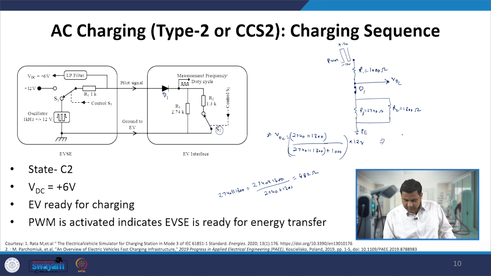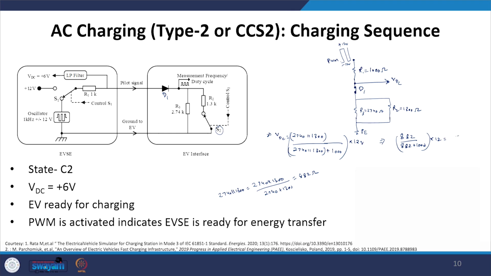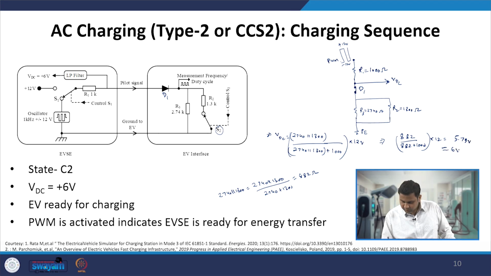So this is 882 divided by 882 plus 1000, into 12, which gives you a value of 5.79 volt, which is roughly equal to 6 volt.